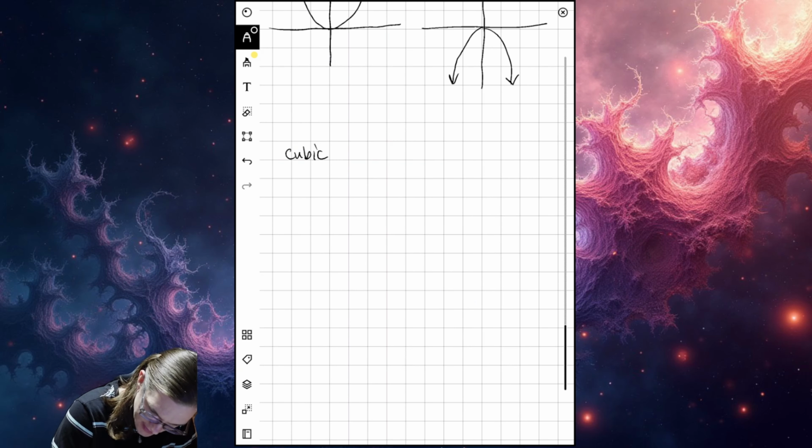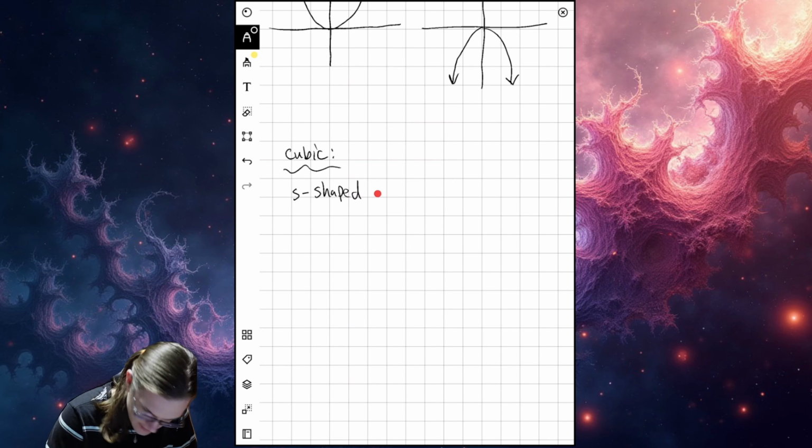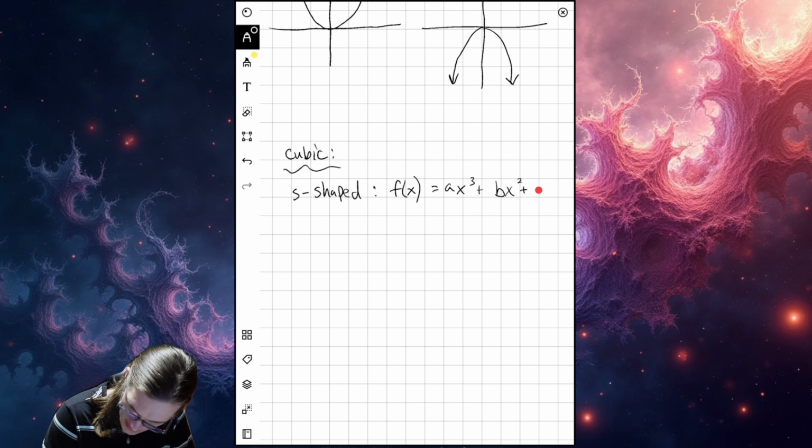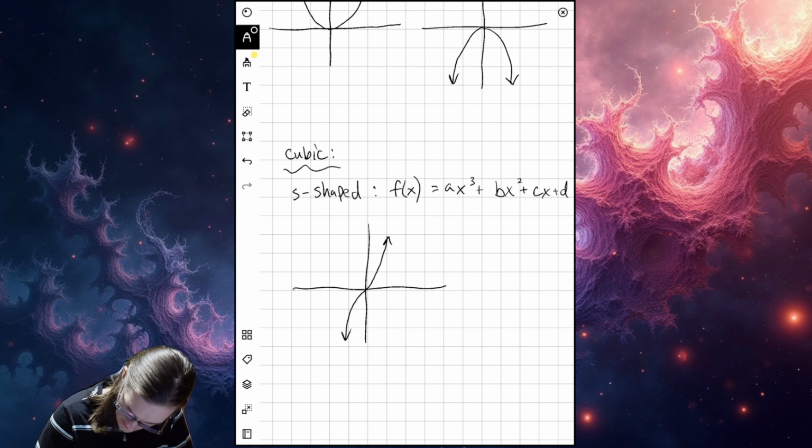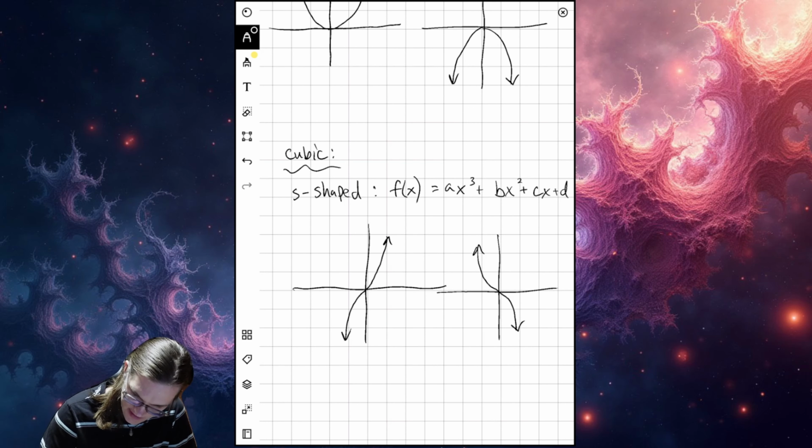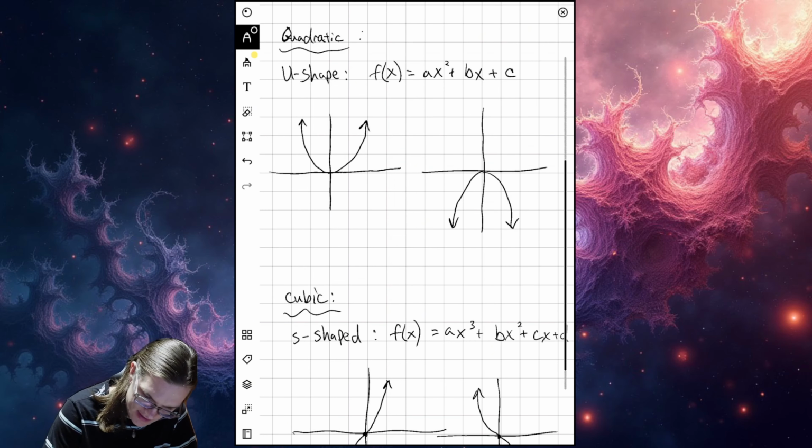Our cubic is the S-shaped function, which has that same form as the quadratic, except one more power there. And that would look like this, right? Either you have that, or you might see something like this, right? With that symmetry over the origin itself. That's the cubic, and the symmetry over the y-axis. That's our quadratic.